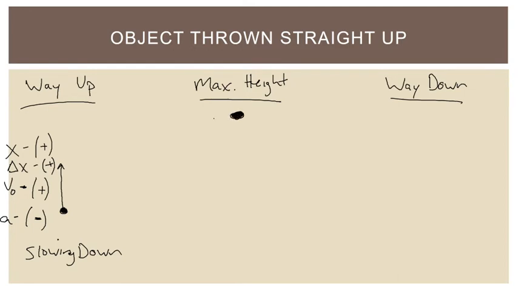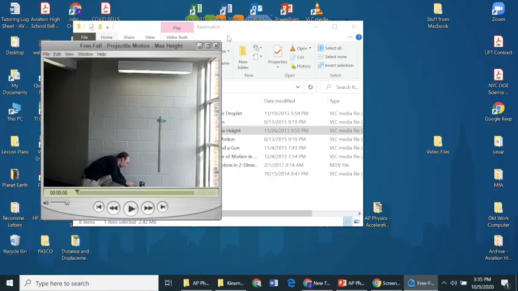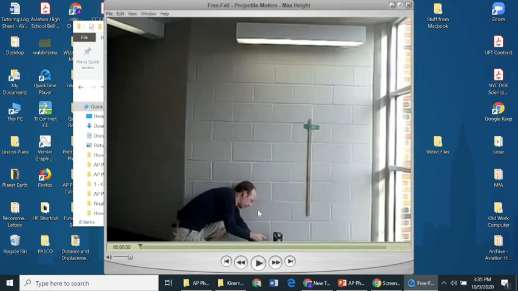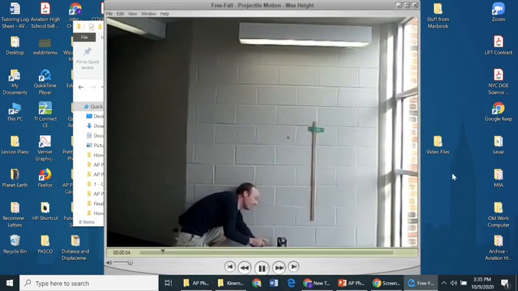And when the object reaches its maximum height, the velocity is 0. It stops. Now, a lot of people don't buy that. So I actually want to show that here for a second, very quickly. So notice here, if I open this in QuickTime, not only can I play the video, but I can also analyze it frame by frame.